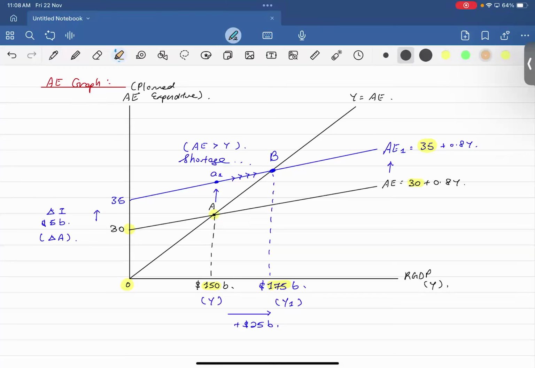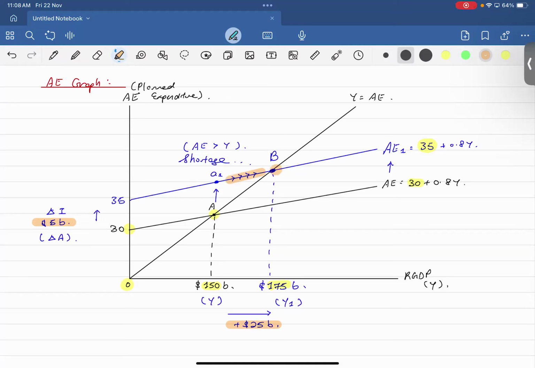So the increase in investment, the increase in the injection, results in an increase of output by 25 billion due to the multiplier effect. So this is your new equilibrium.